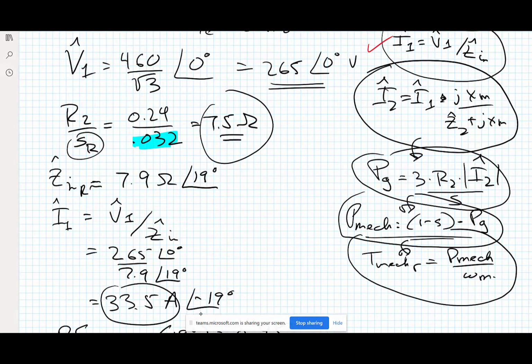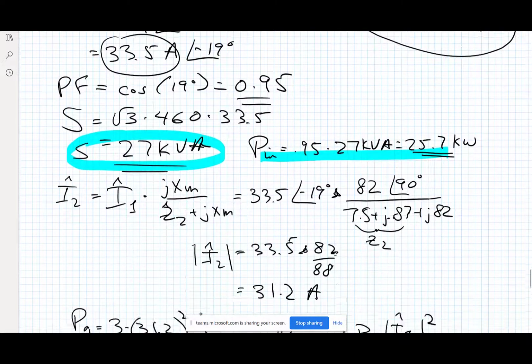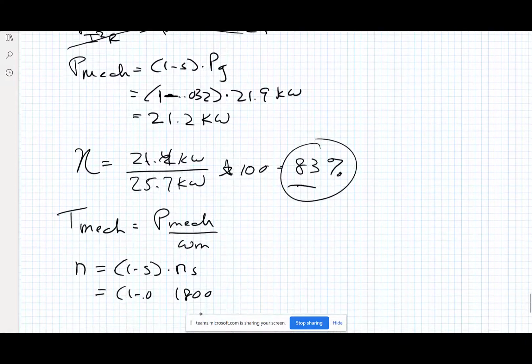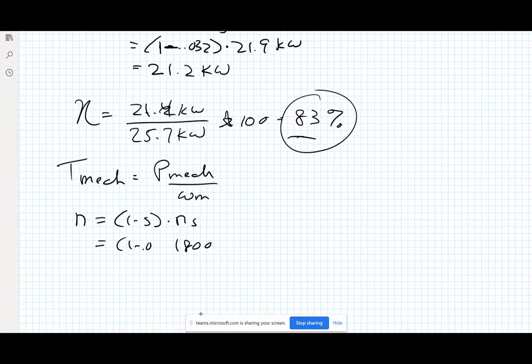I may have said that, but it's 3.2. 0.032 is the right number. A 32% slip would be a horribly designed motor. Your slip should be less than 1%. So anyway, bottom line, there might be some small error. I'm going to go find it.